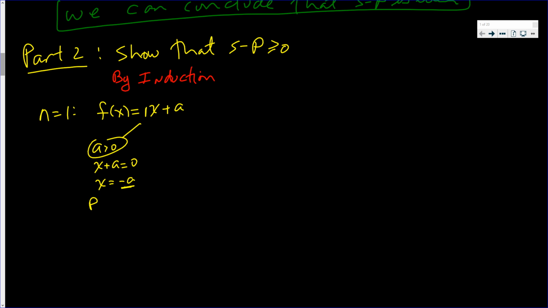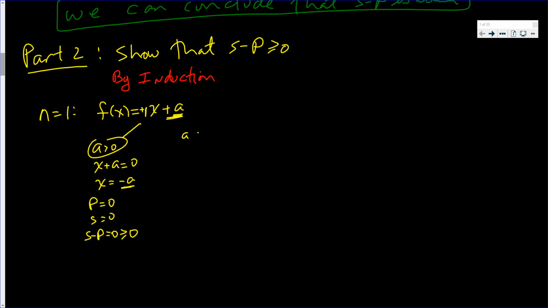That means the number of positive roots is 0. Now, what's the sign change? The 1 is positive, and I'm telling you a is positive, so there is no sign change. And it turns out that, yep, S minus P, which is 0, is greater than or equal to 0.